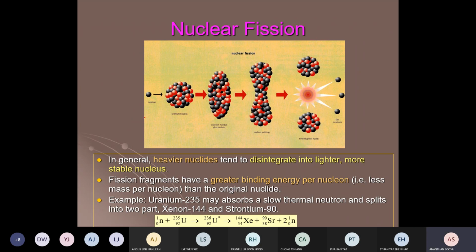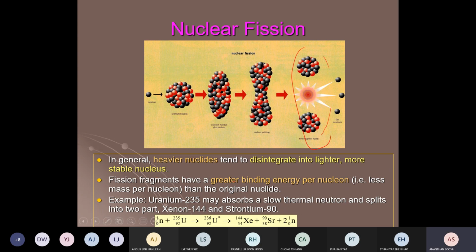In general, a heavy nucleus disintegrates into lighter, more stable nuclei. The fission fragments have a greater binding energy per nucleon. So the products of fission will have a greater binding energy per nucleon. No doubt about that. More stable.